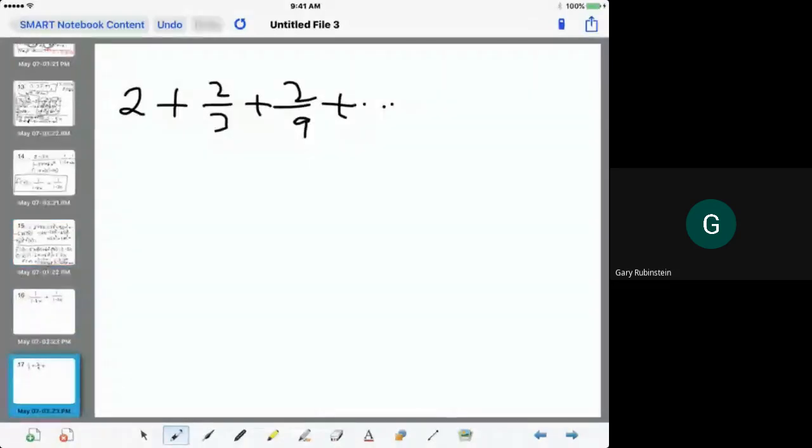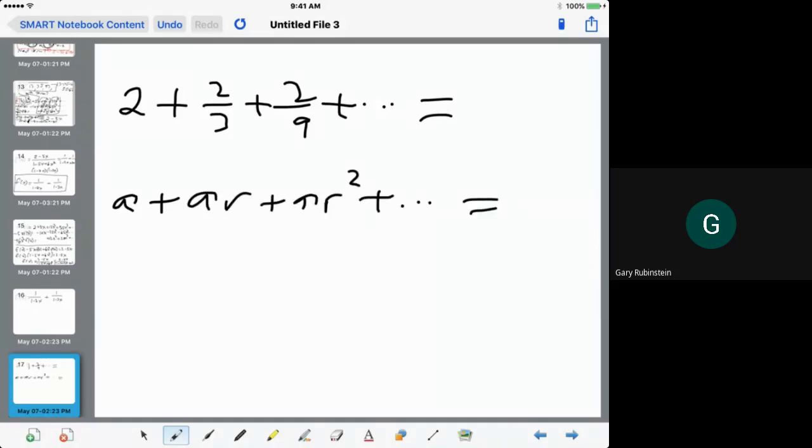Okay, shift gears for a second. Do you remember this from last semester? Infinite geometric series. What is the sum of an infinite geometric series with a first term of A and a common ratio of R? Anyone recall what the formula is for that?